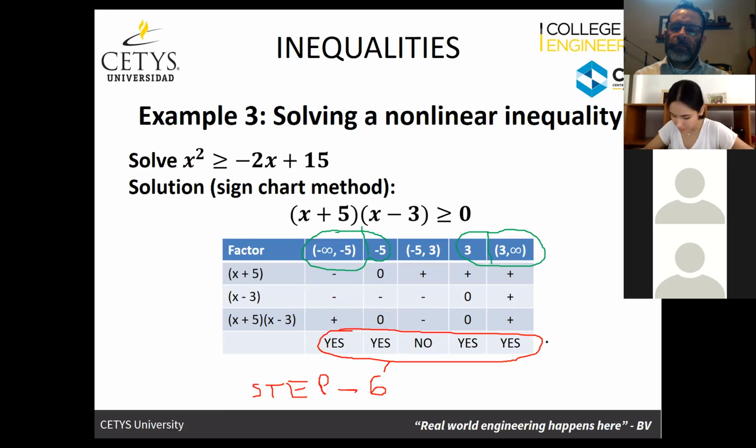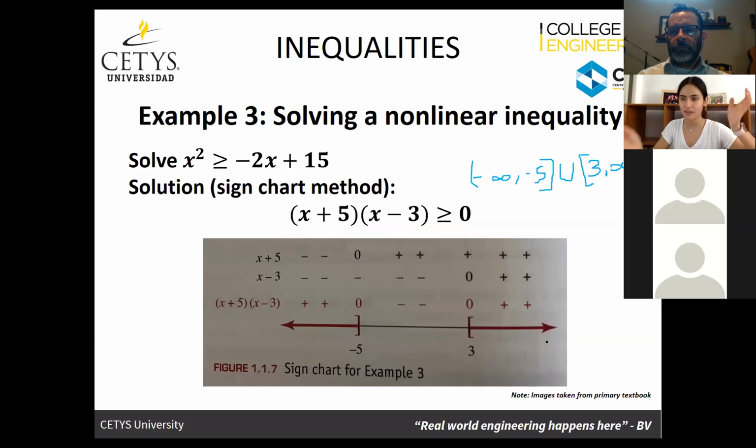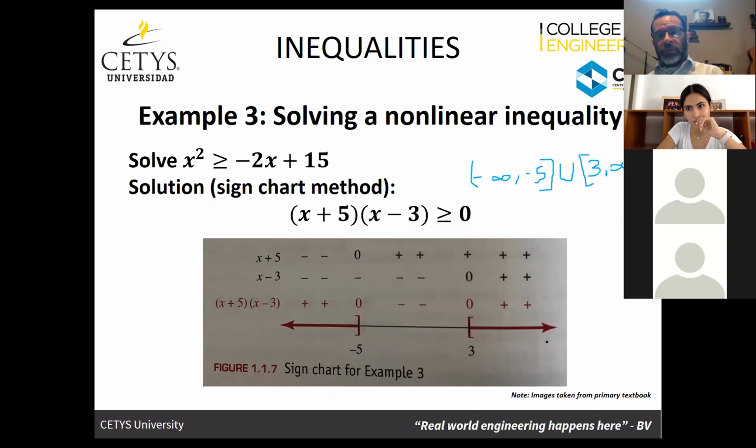When we write the interval, do I always have to put it from left to right? Like if it's minus infinite comma minus 5, can I put minus 5 comma minus infinite, or does it have to be like that? Good question, Andrea. No, we always represent the intervals from the smaller quantity to the larger quantity. So minus infinite, even if it sounds weird, is still smaller than minus 5.